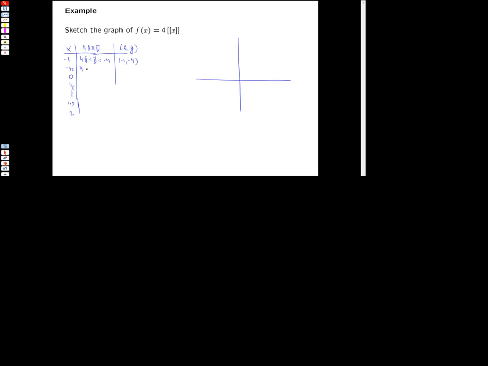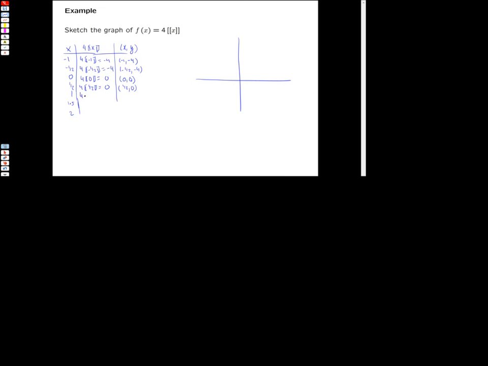Plug in -1/2. -1, that gives me a -4. Plug in 0. So 4 times 0 is 0. Plug in 1/2. Yep, 4 times 0 is 0. So we get 1/2, 0.